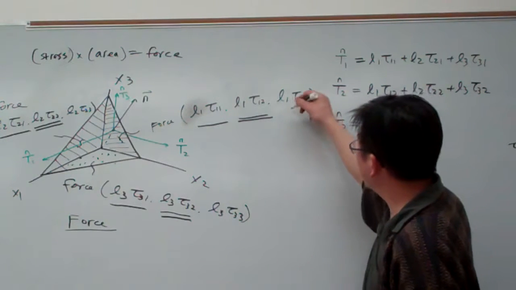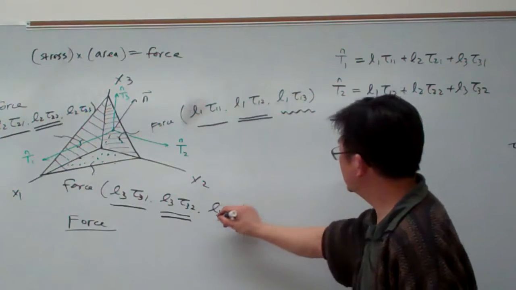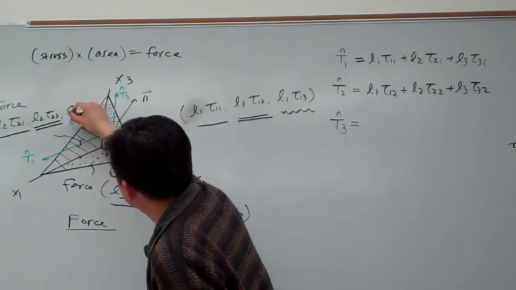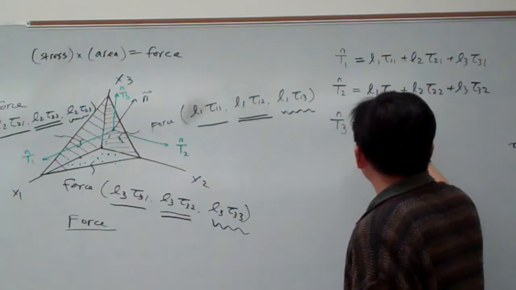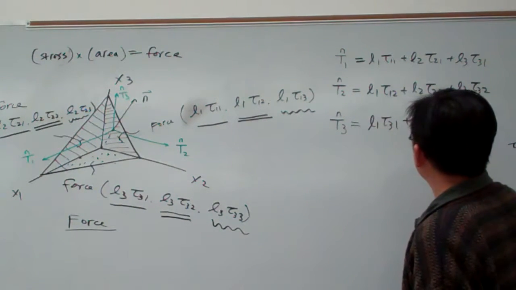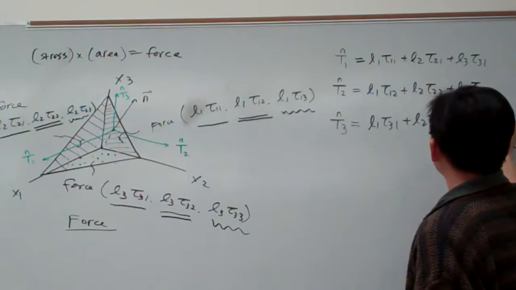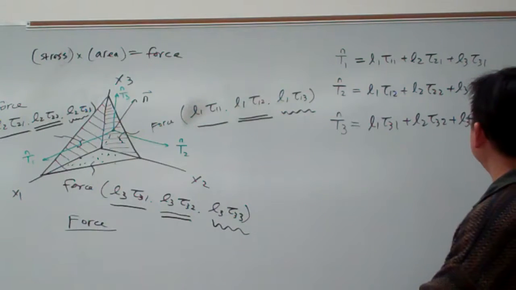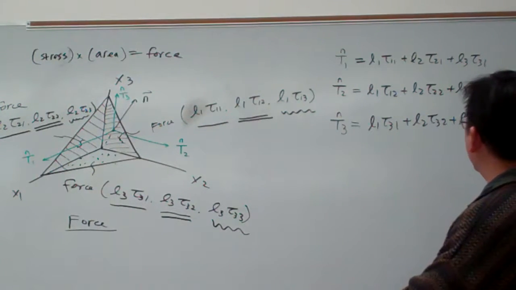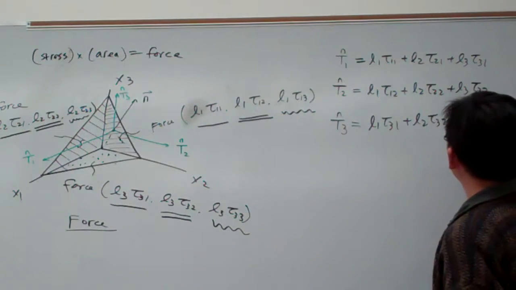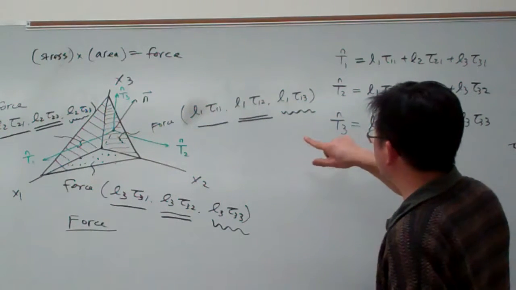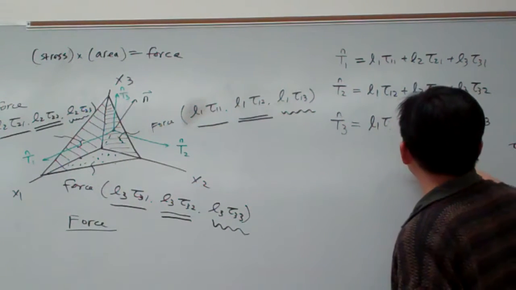And Tn3, again by this, L1 tau 3 1 plus L2 tau 3 2 plus L3 tau 3 3. Sorry, made a mistake. Tau 1 3.